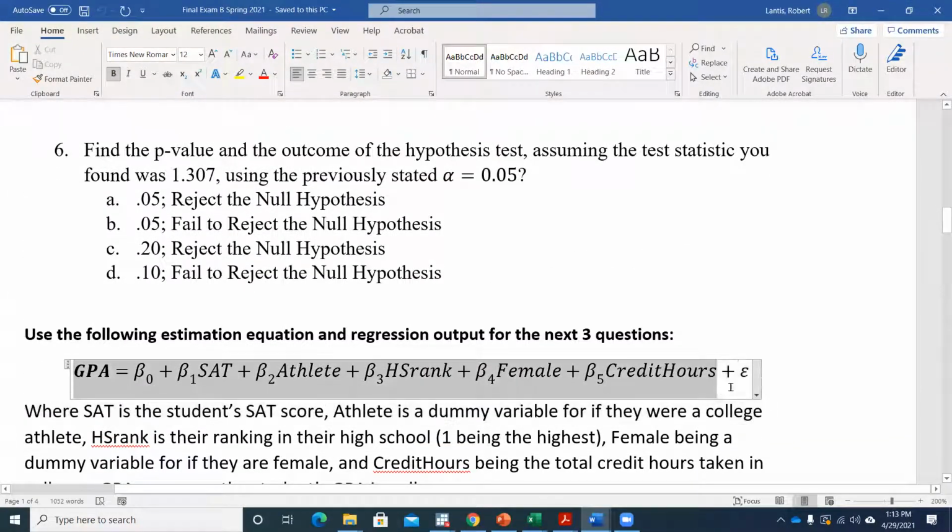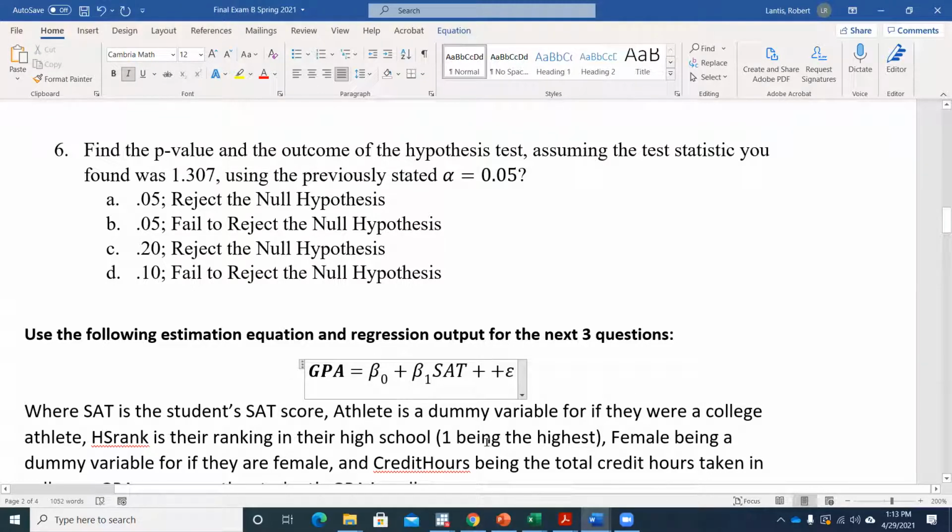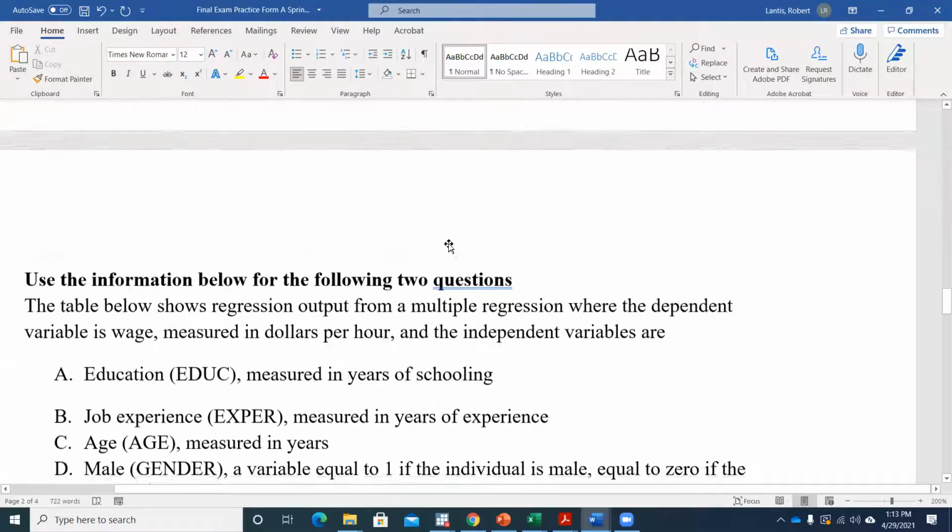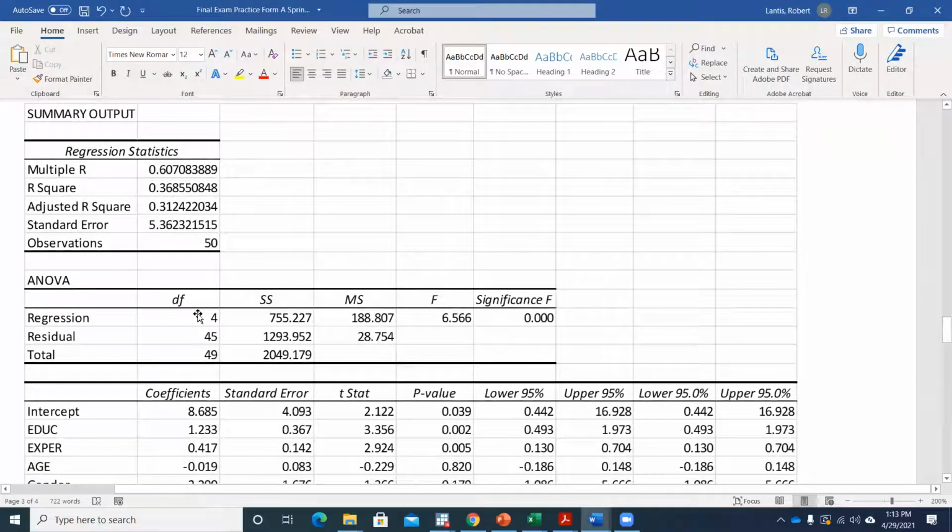I give you the equation, and it probably wouldn't be as long of an equation like that. It might be something more that looks like this, right? Simple linear regression. And then maybe I tell you, beta 0 was found to be 1.3 and beta 1 was found to be 2.6, right? So on a smaller regression in multiple choice, I might just give you the values, and then the short answer is going to be more like what we just worked through, where I give you this Excel output. But you won't actually have to run it in Excel.